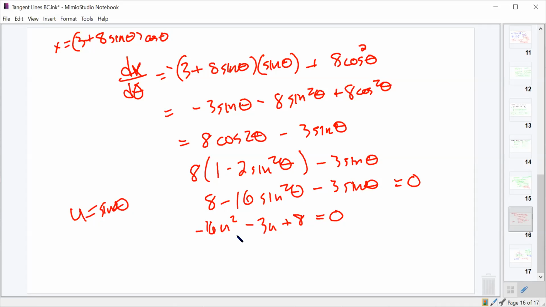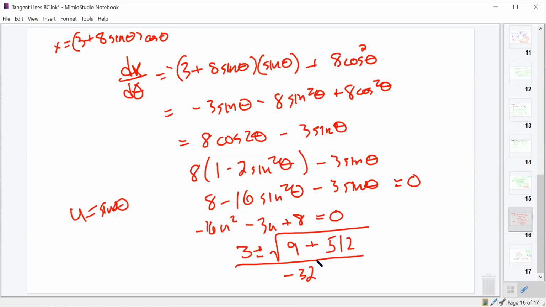So if we solve this for u, we should get 3 plus or minus the square root of 9 plus, let's see, what's 4 times 8 times 16? That should be 512, I think, all divided by negative 32.